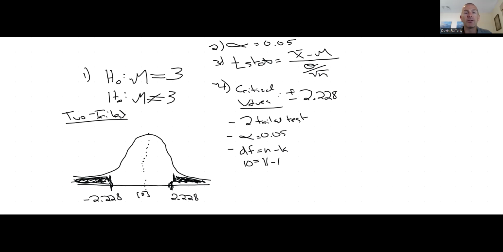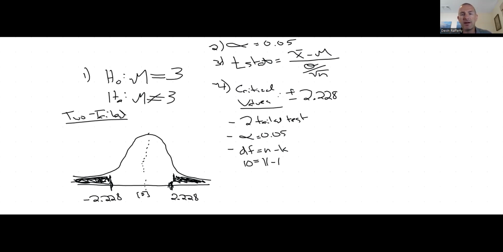And if I land in the region of non-rejection, then I will fail to reject the null hypothesis. I will say, you know what? Yeah, I think it's reasonable to think mu is equal to 3. It's reasonable to think that the average amount of time to charge this car battery is 3 minutes. All right, so let's see the result.